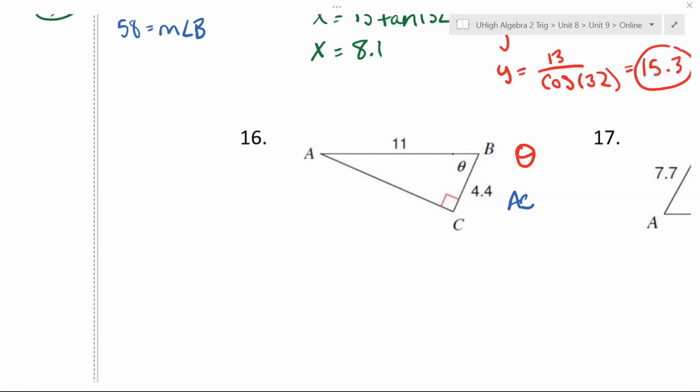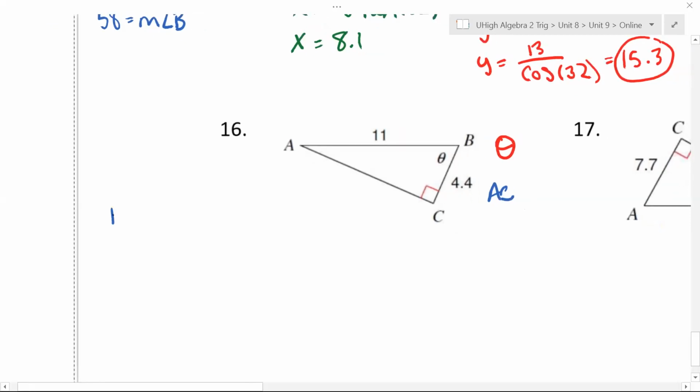We can use the Pythagorean theorem to solve this. I could say 11 squared equals 4.4 squared plus my AC squared.